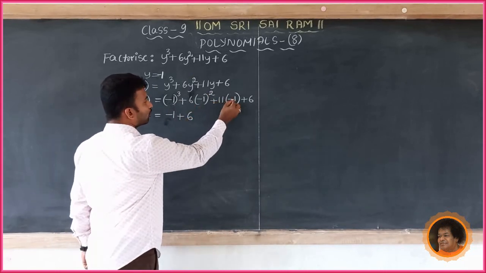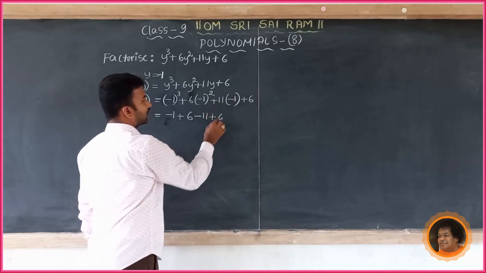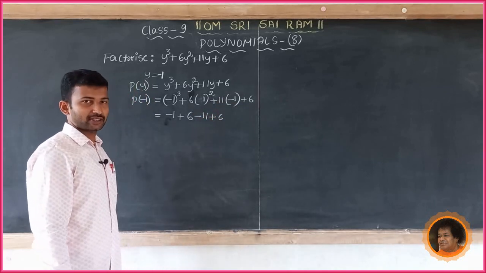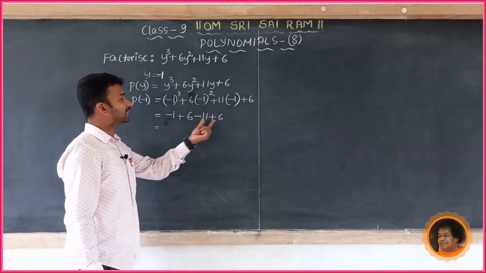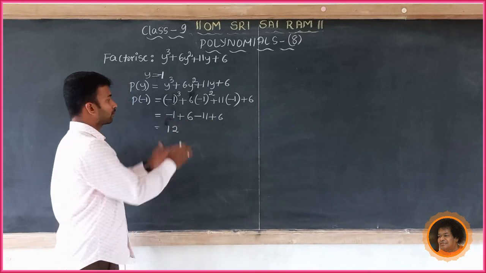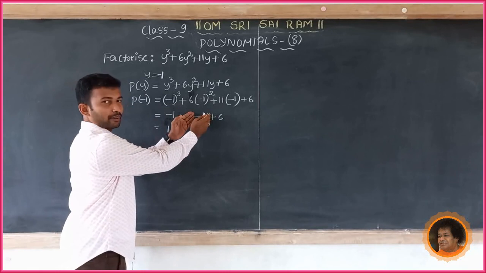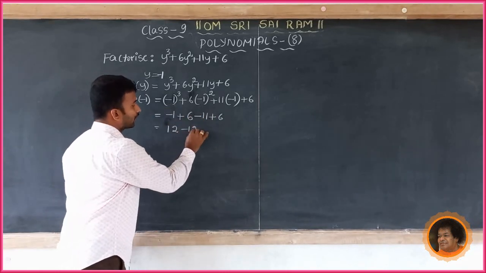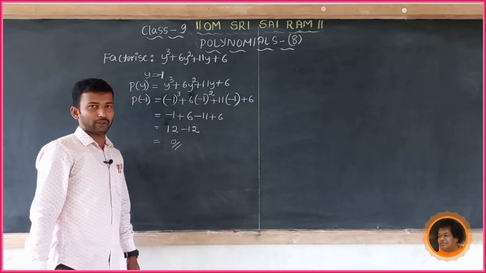Next, plus into minus, minus 11 into 1, 11. Then the last plus 6. Collect the positive terms: 6 plus 6 is 12. Collect the negative terms: minus 1 minus 11 is minus 12. So, what is the answer? The answer is equal to 0.